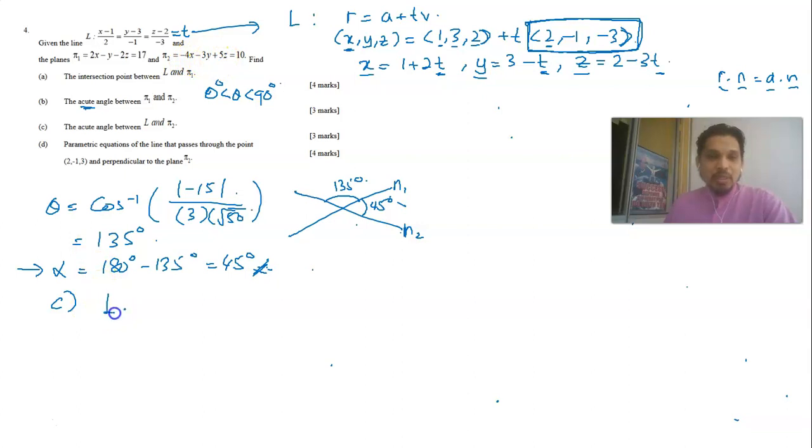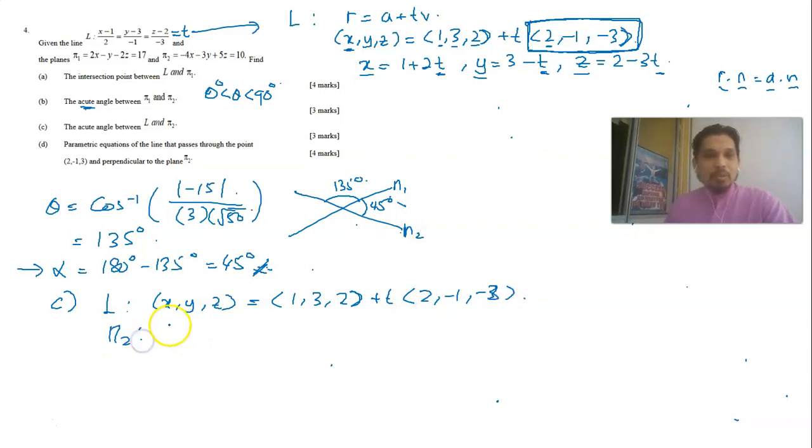So it's between L1, which is x, y, z equal to 1, 3, 2 plus t times 2, -1, -3, and pi 2, which is -4x minus 3y plus 5z equal to 10. Again, we're going to use the same process. Theta equal to arc cos of all this.